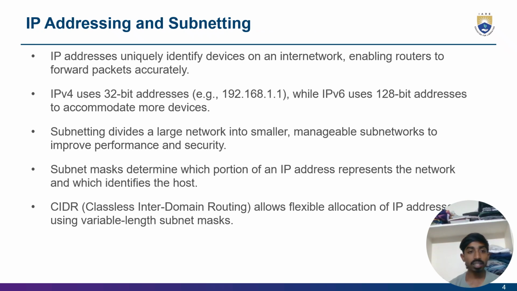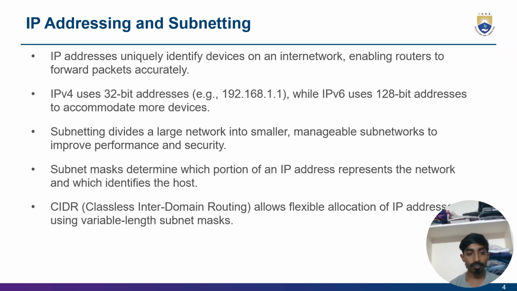Next, addressing and subnetting. IP addresses uniquely identify devices on a network, enabling routers to forward packets accurately. IPv4 uses 32-bit addresses while IPv6 uses 128-bit addresses to accommodate more devices.